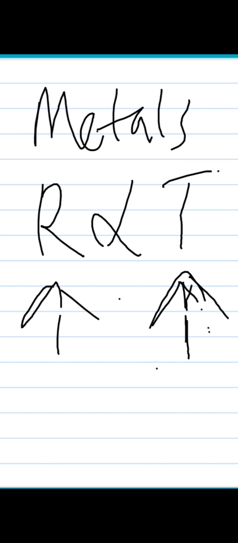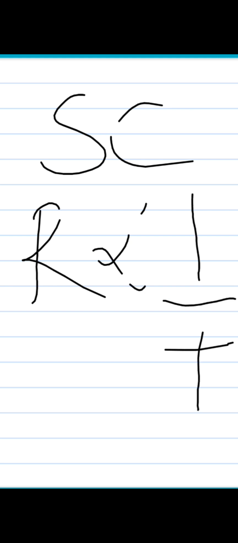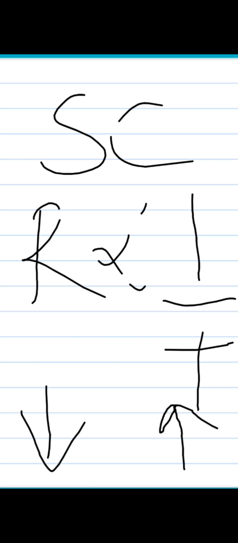Do you understand? You see the way we related it. But if it's a semiconductor, the resistance is inversely proportional to the temperature. So if the temperature is increasing, the resistance will decrease. That means the conductivity of a semiconductor will increase as the temperature increases.